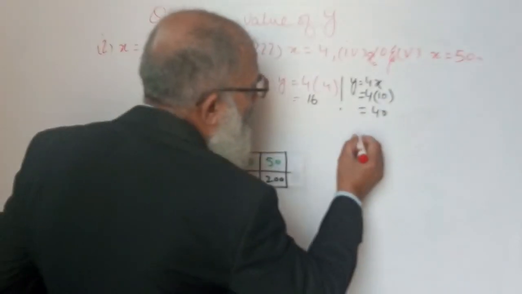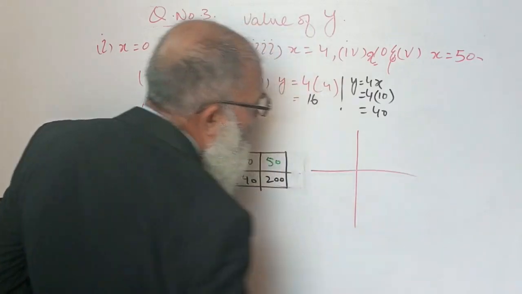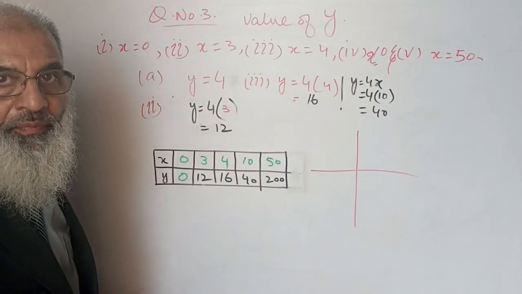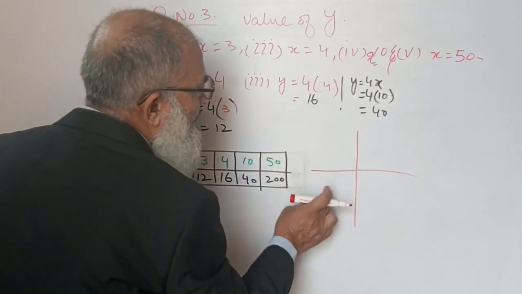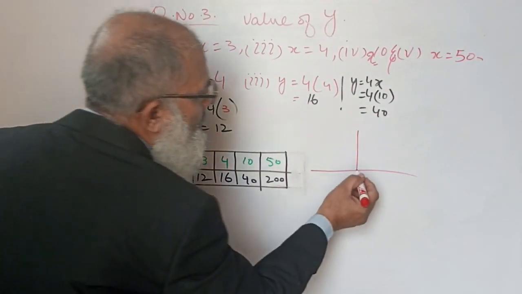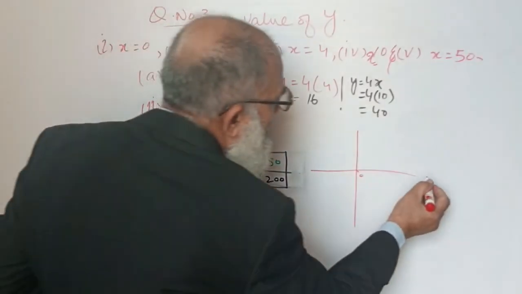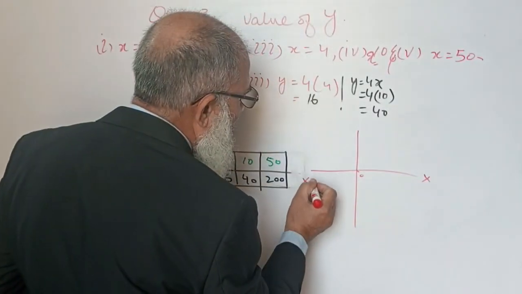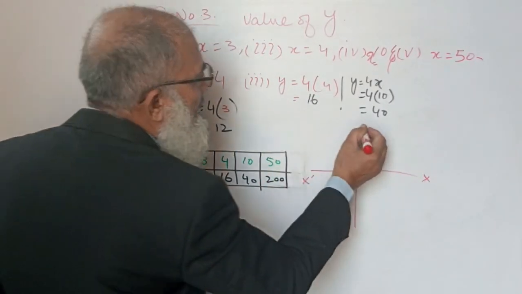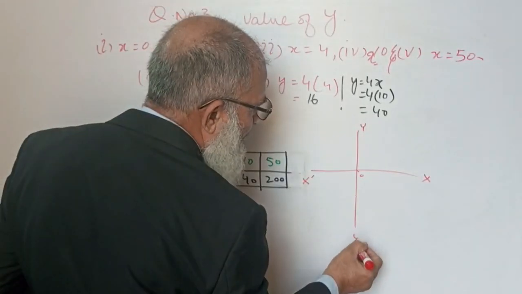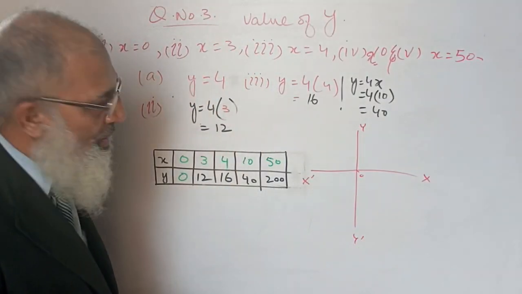Suppose we have the quadrants: first quadrant, second, third and fourth quadrant, and this is the origin 0, this is x, this is x minus or x dash, y or y minus or y dash.